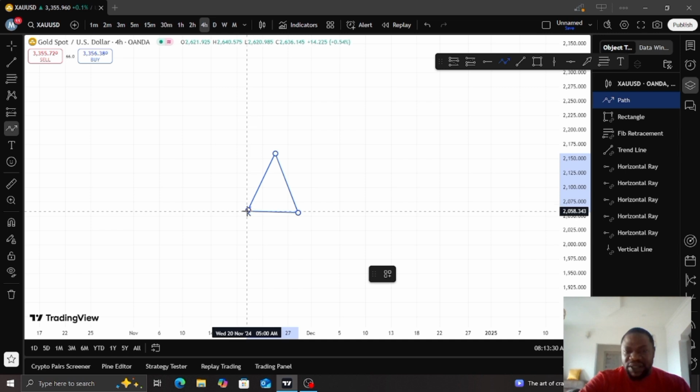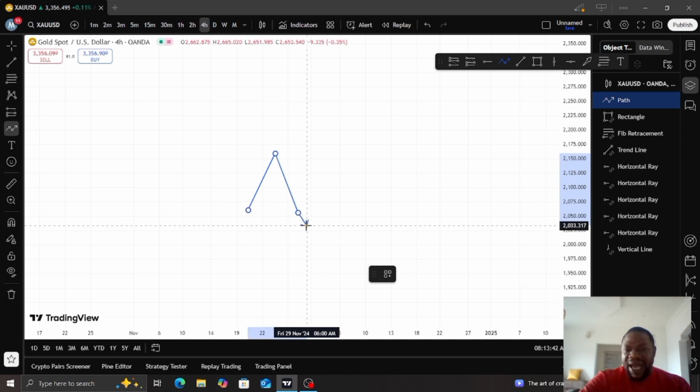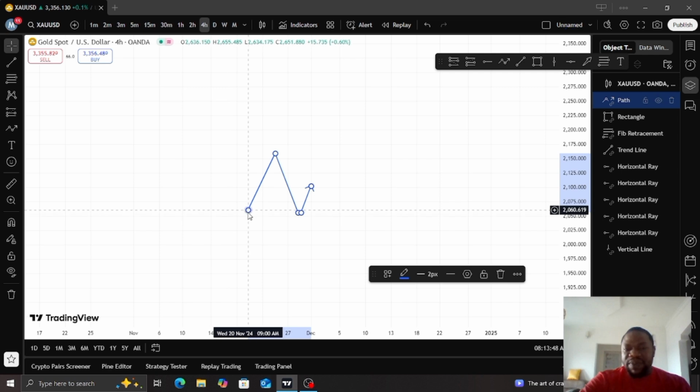Price cannot break through this point where price started going up previously. Once price cannot break here and starts going up again, this place will be called a support level because it's at the lower level.